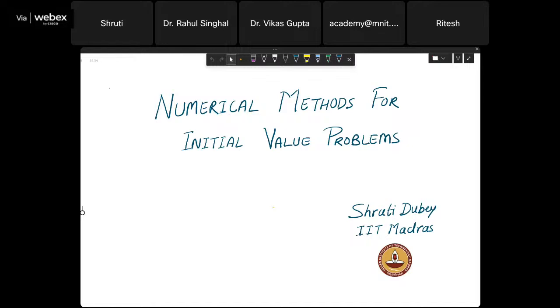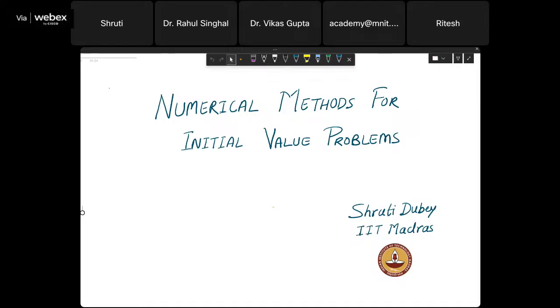So for getting the solution of a differential equation, sometimes we use the standard known methods, which provide us the analytic solutions, or you can say the closed form solution of the problem. This is not always possible. If it is not possible, it doesn't mean that we don't solve the equation, or in other words, it doesn't mean that the problem is not solvable.